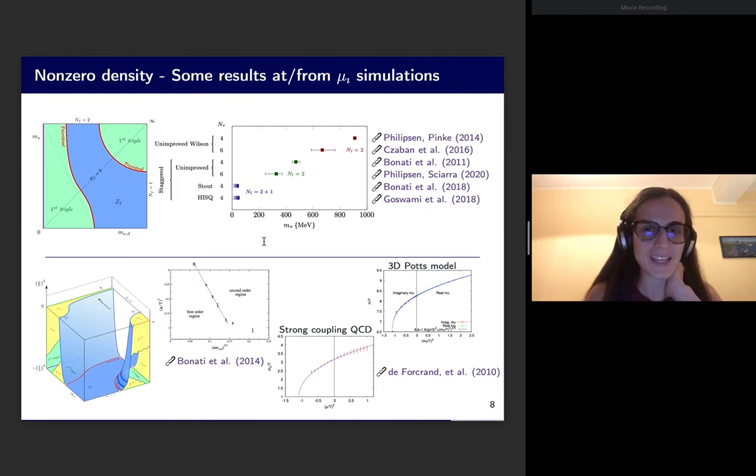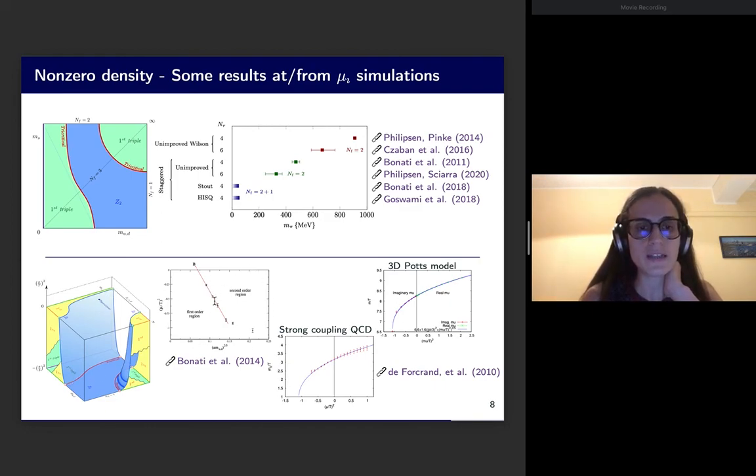So, too bad. And then here below, I have results that instead have to do with changing the value of the imaginary chemical potential away from the critical value for Roberge-Weiss, which is represented in this plane and in the bottom plane in the three-dimensional plot, and going up.